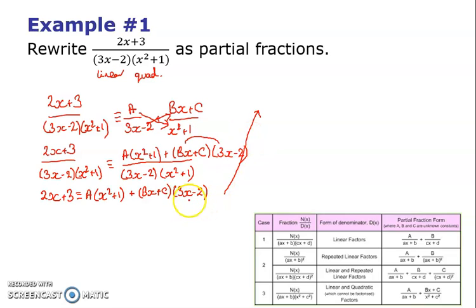Now it's not even a very nice one as much as, what number do we put into that to make it disappear? Well, I actually think it's 2/3, because you change the sign and divide by that front number, so that's not a very nice number, but I'll put it in anyway. If x is 2/3, the left-hand side becomes 2x plus 3. So let's do that. 2 times the 2/3, plus 3.